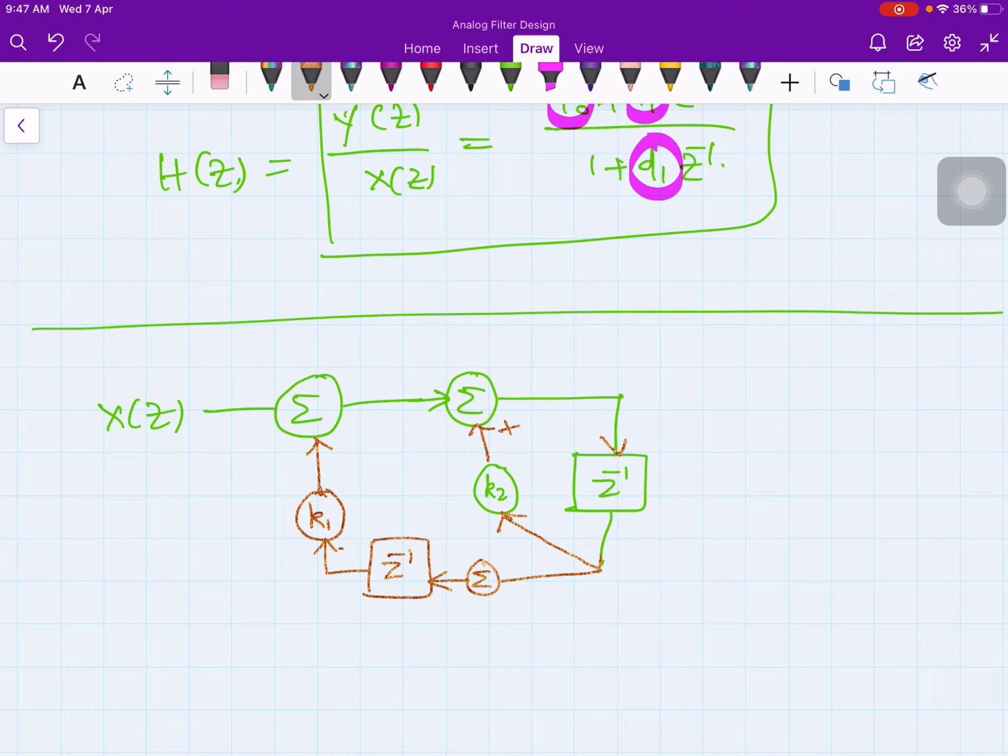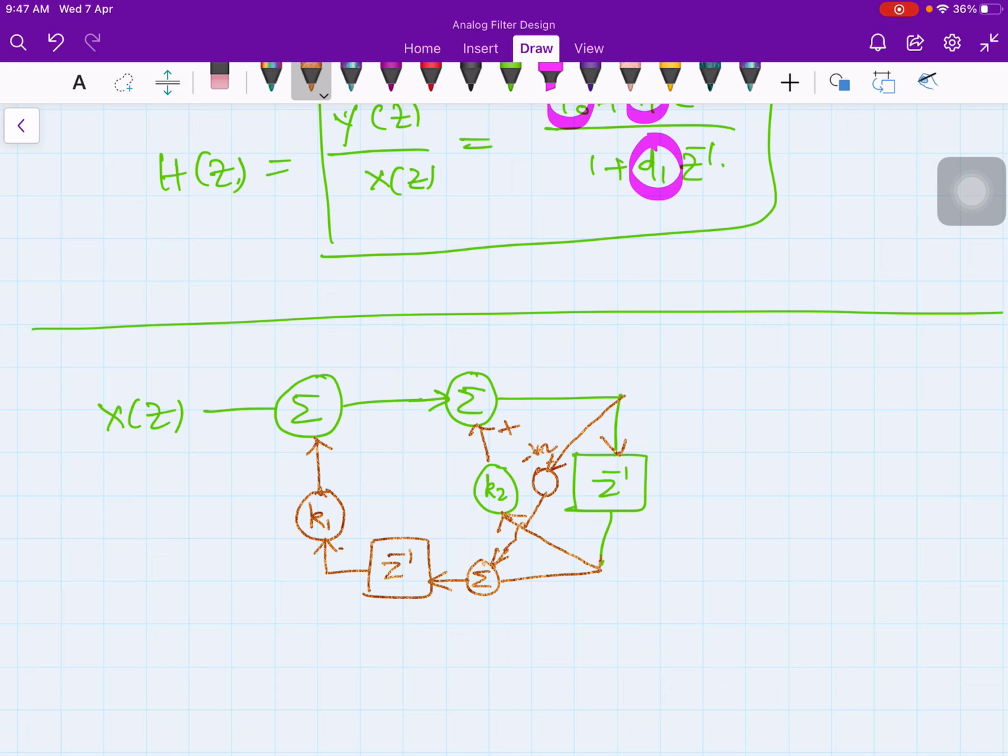There is this summer, and for this summer another one is, let's say this is minus k2, like this. You put an arrow mark.